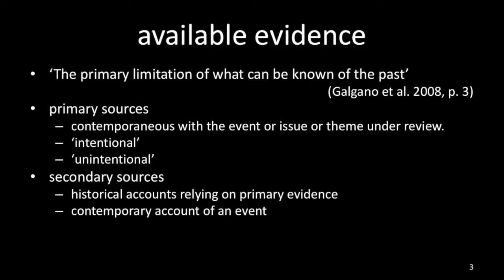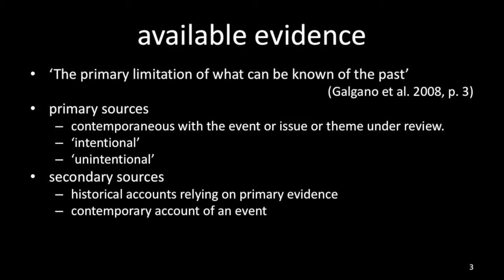The primary limitation of historical research, according to Galgano et al., is the available evidence, that is, what can be known of the past. This comes to us in two main ways in terms of thinking historically in our research. One set of sources are the primary sources, the other are the secondary sources.